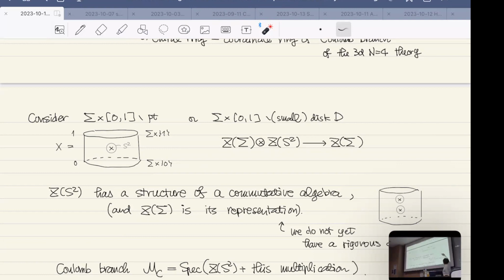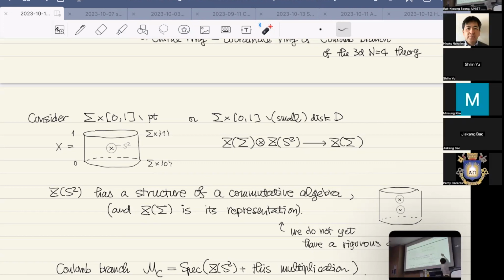So from this picture, G of S2 should have multiplication. This picture explains the multiplication.